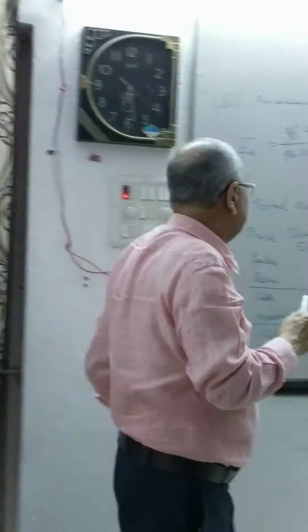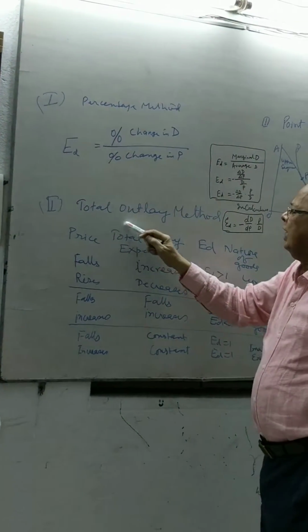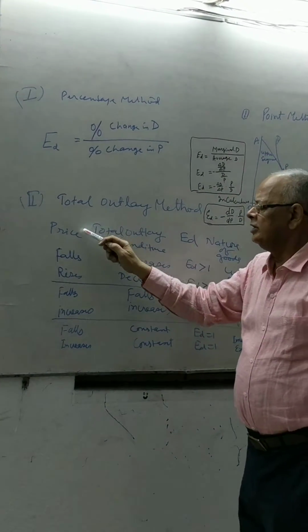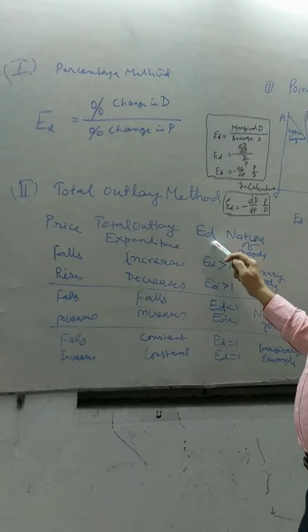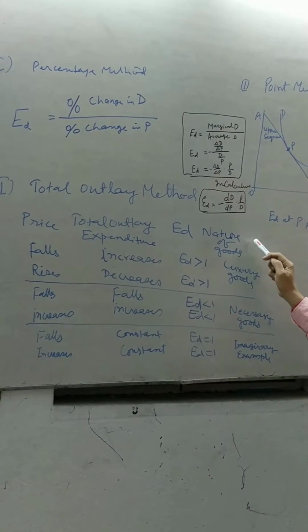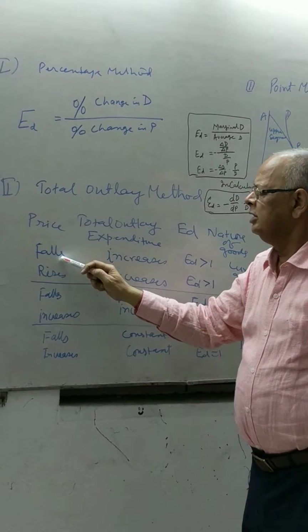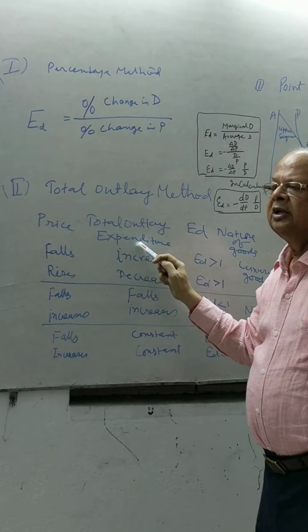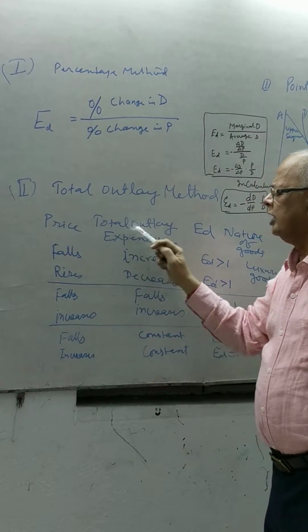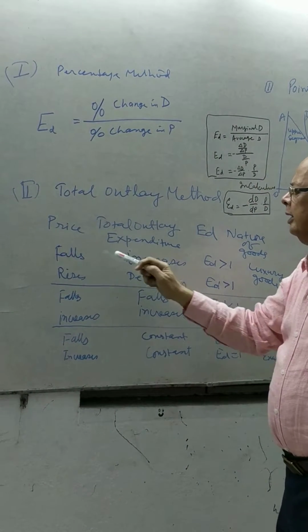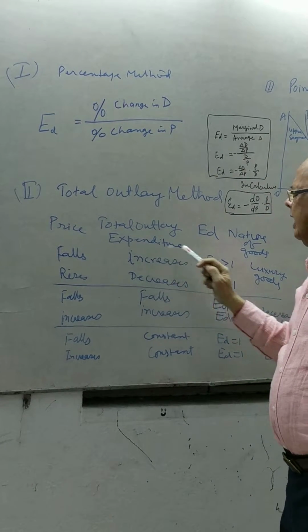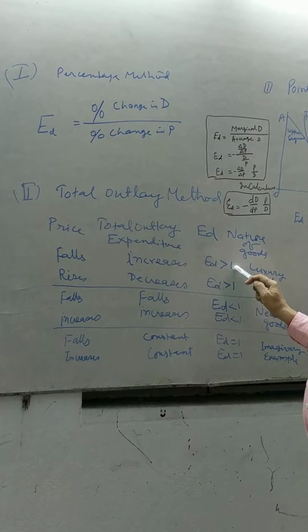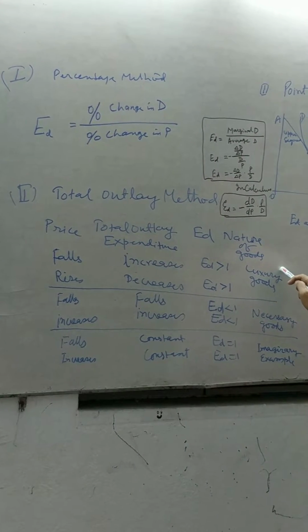In the total outlay method, the first column is price, the second is total expenditure, the third is elasticity, the fourth is nature of goods. If price falls, total expenditure increases, and this is called elasticity greater than 1, a luxury good.